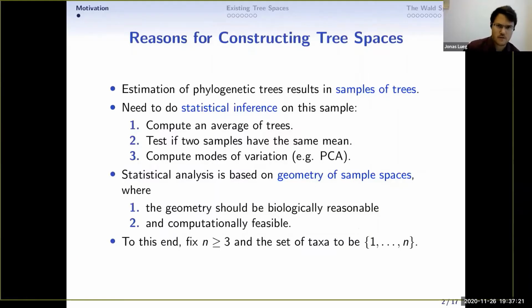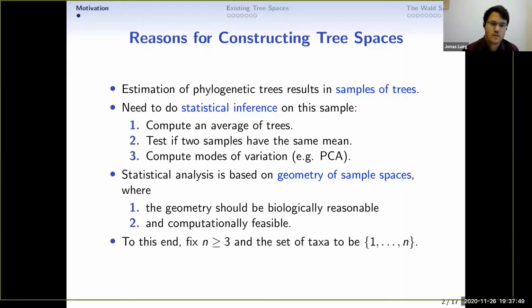So when constructing tree spaces, one has to also give reasons why one would do that. Estimation of phylogenetic trees usually results in samples of trees. So of course you need to do statistical inference on these samples. That means, for example, you want to compute an average of trees, or if you have 2 different samples, you want to test whether they have the same mean, or maybe also do some kind of dimension reduction, for example, PCA.